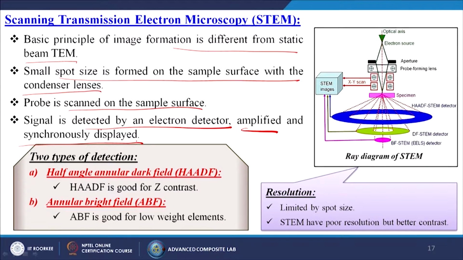One is called the half angle annular dark field, in short the HAADF. It is good for Z contrast. Another one is called the annular bright field, or maybe the ABF, which is good for low weight elements. Generally the resolution is limited by the spot size, because you can see that on the sample it is falling as a small spot. STEM has poor resolution but better contrast.